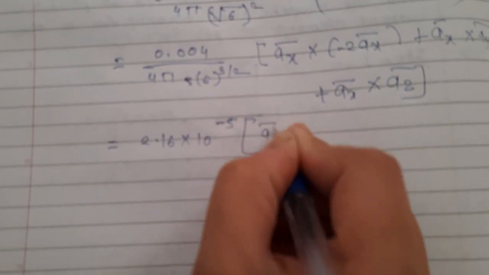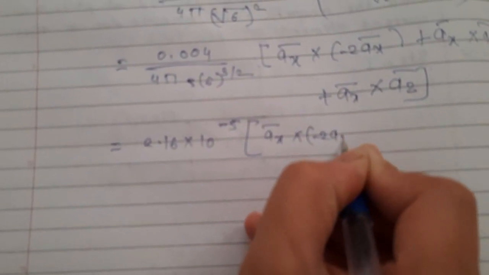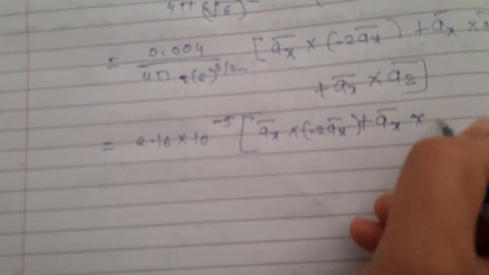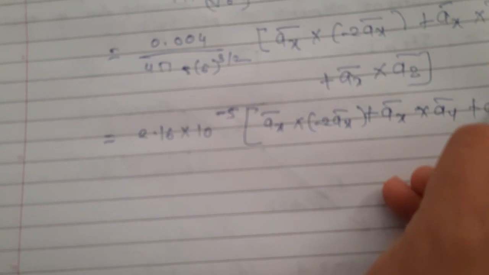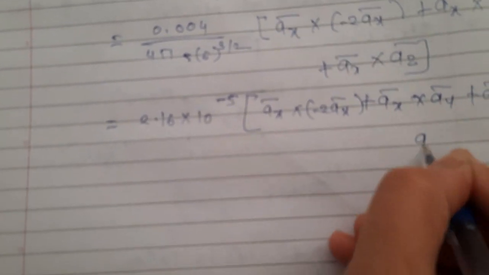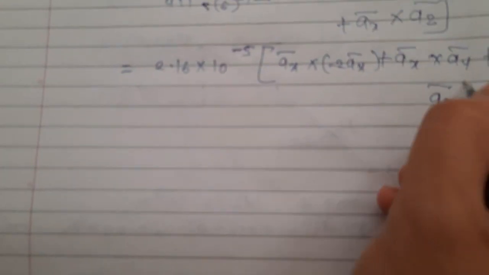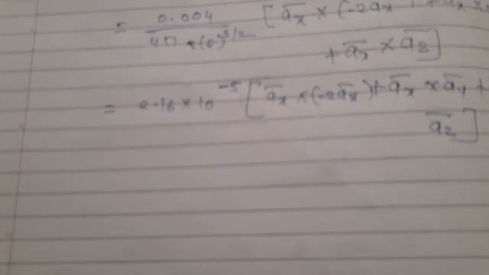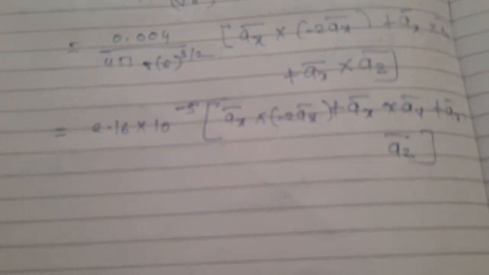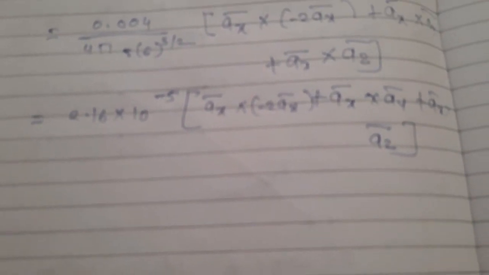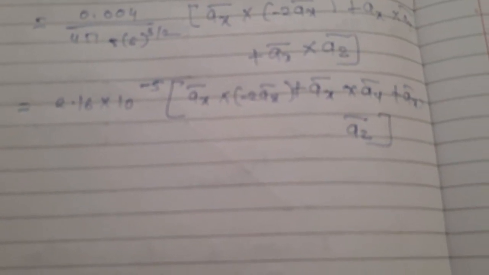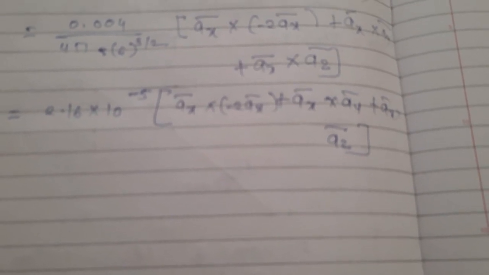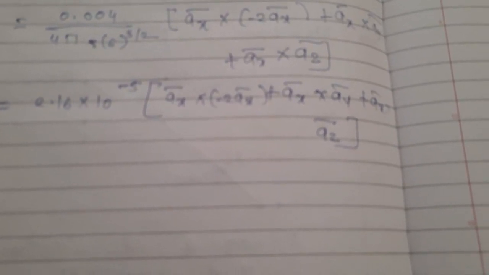AX bar cross minus 2 AX bar plus AX bar cross AY bar plus AX bar cross AZ bar. Now how to calculate the cross product of two unit vectors. The cross product of two similar unit vectors is always 0, and to calculate the cross product of two dissimilar vectors, we have to consider the unit vectors.